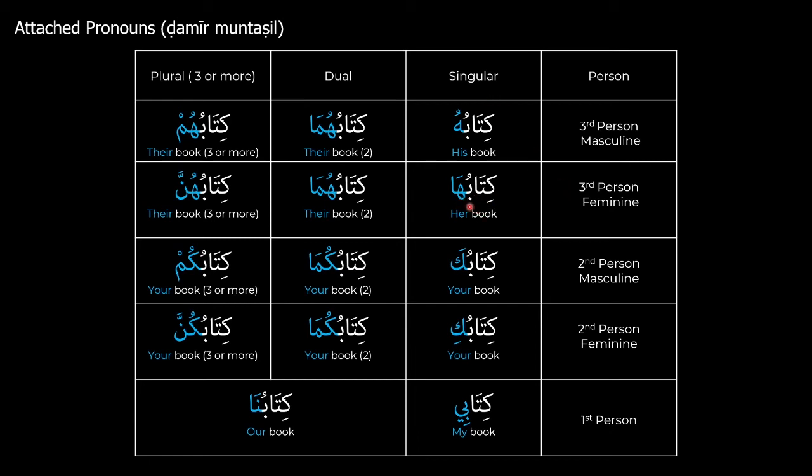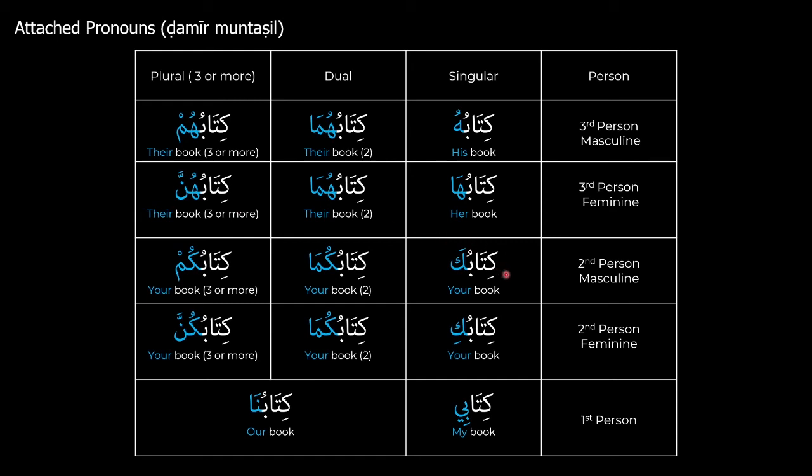This is the same as hiya in the detached pronouns list, but it's gonna look like this when it's attached to a word. And then we have kitabuhuma, which is third person feminine dual, which means their book when referring to two people. And then we have kitabuhunna, which is third person feminine plural when referring to three or more people, and these two also look exactly the same as their detached forms, except they're attached at the end now.